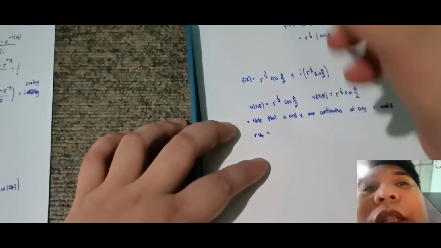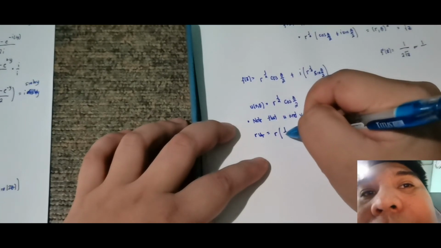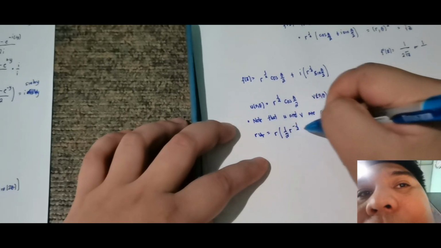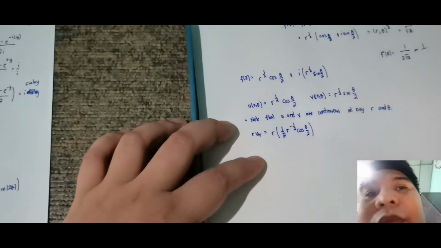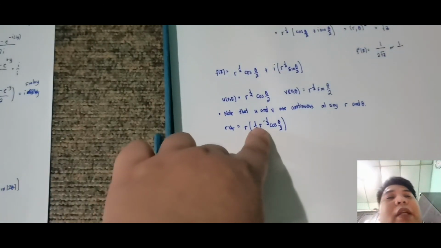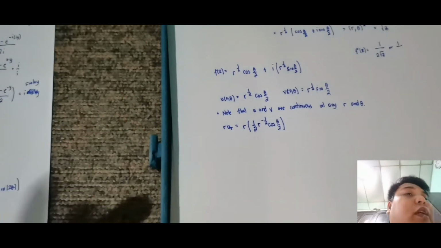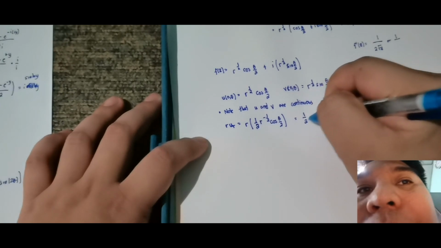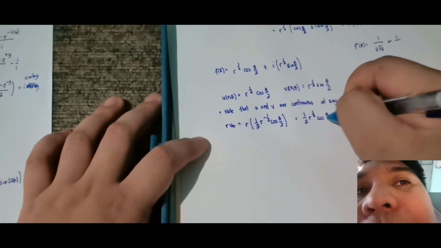Ang derivative niyan ay r multiplied by, bababa yung 1 half, then r raised to negative 1 half, then cosine theta over 2. Next, r raised to 1 times r raised to negative 1 half is r raised to 1 half. Tama? So this is equivalent sa 1 half r raised to 1 half cosine theta over 2.